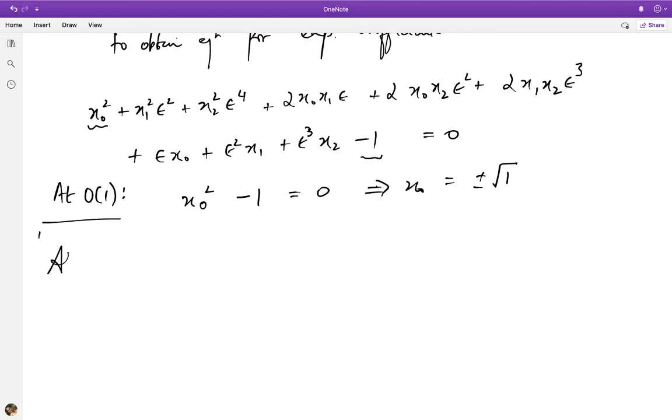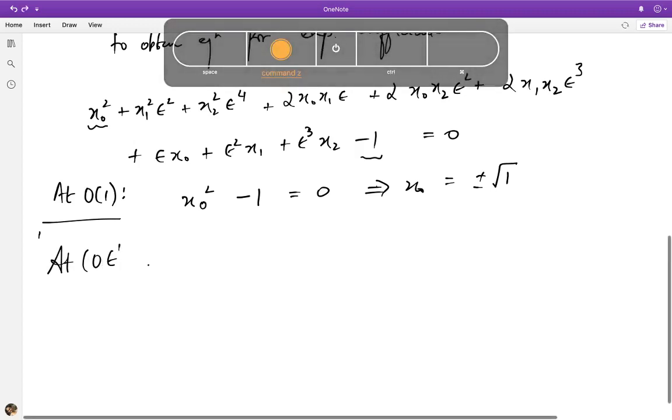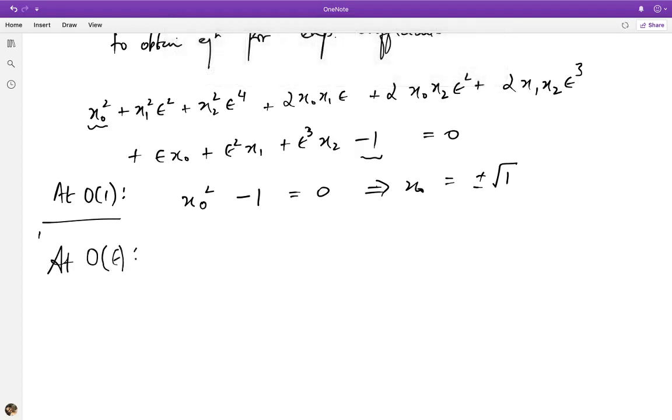Then let's go to the next order, at order epsilon to the power 1. Now we look at all the terms of order epsilon. So you have 2 x naught x1. I suppress the epsilon because the epsilon will get taken common out, and since epsilon is not 0 by definition, everything multiplying epsilon should balance each other and be 0.